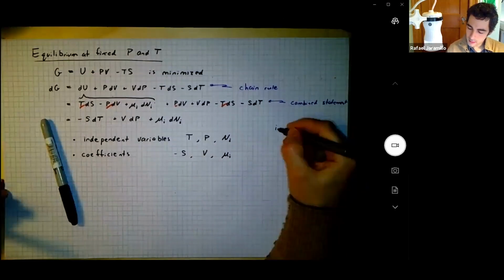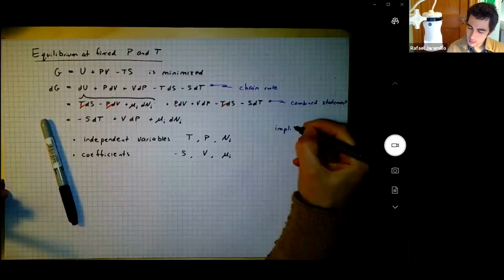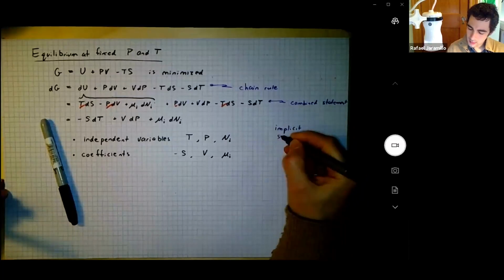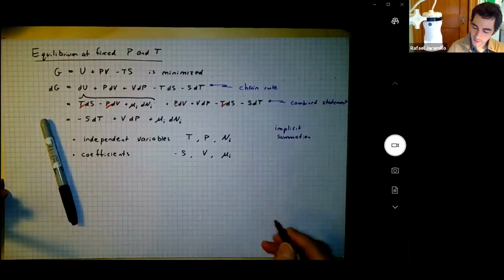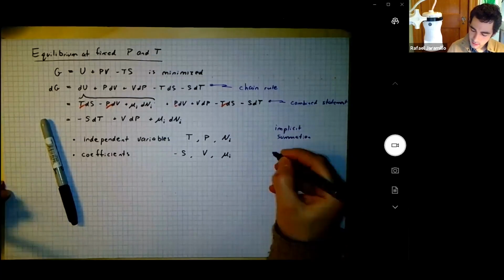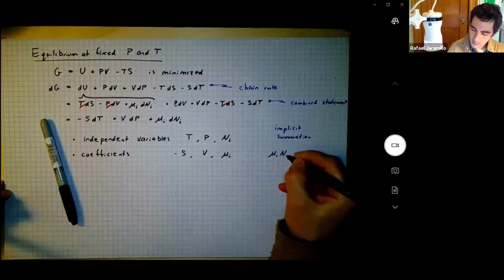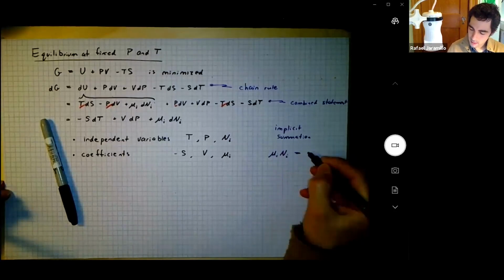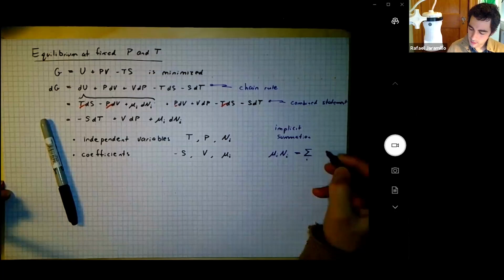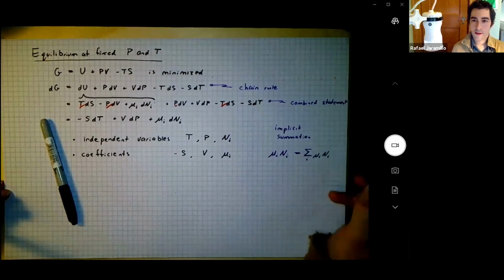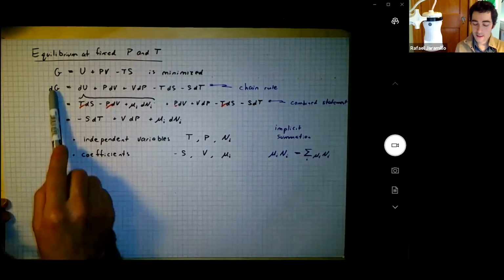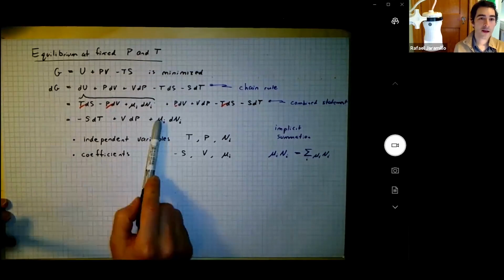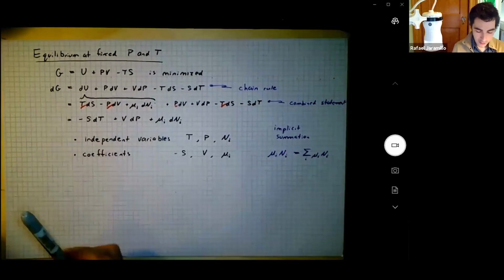A lot of times in this class, I use implicit summation. You probably picked up on that. This implies a sum over i of mu_i dN_i. Just a little bit more compact. There's no i index on the left-hand side, so that means it has to resolve on the right-hand side. So you implicitly sum.